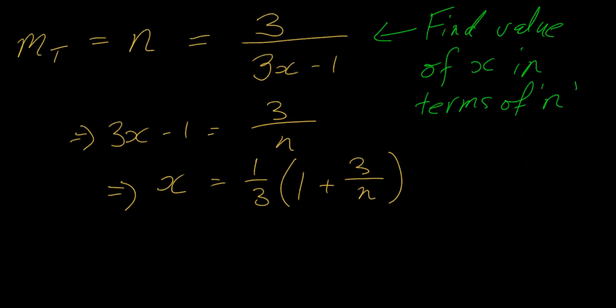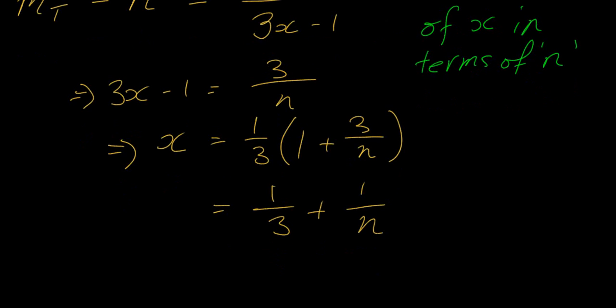Or alternatively, you can say 1/3 plus 1 on n. Doesn't make too much difference, but I think changing it to this latter form would make our lives just a little bit easier later.